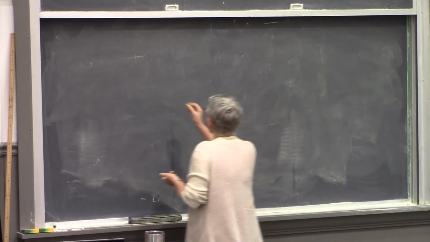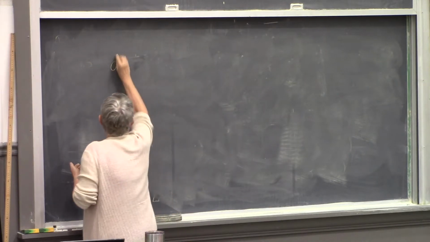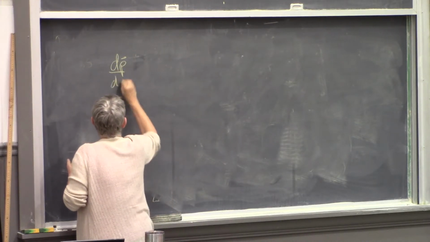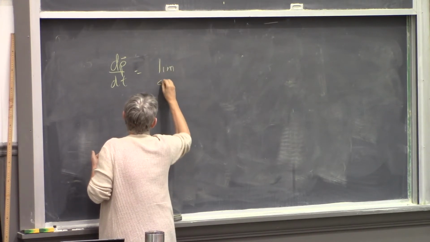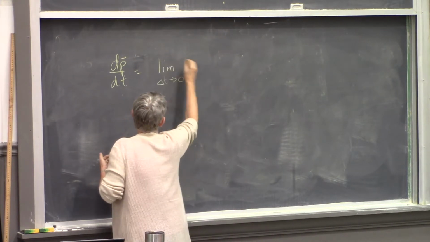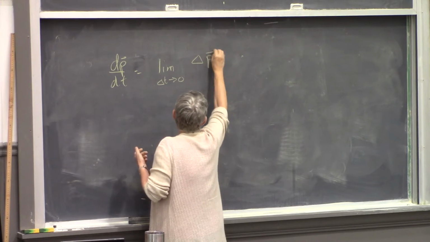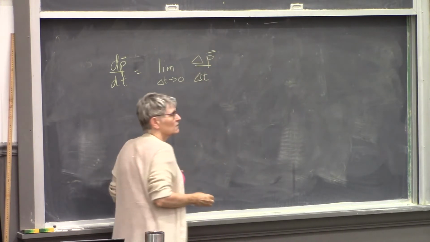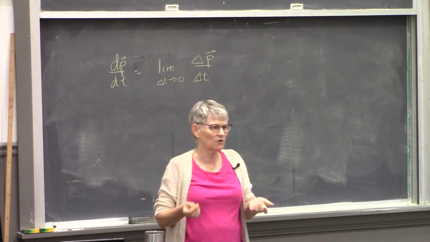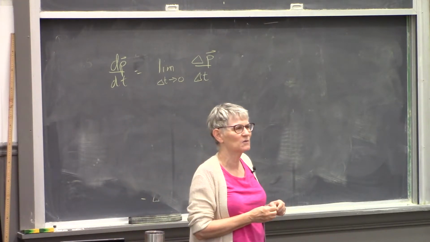Remember that dp dt was the limit as delta t goes to 0 of delta p over delta t, since time runs forward in our world anyway, in this classroom.